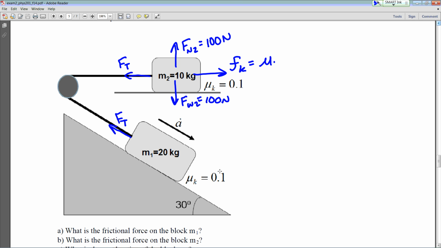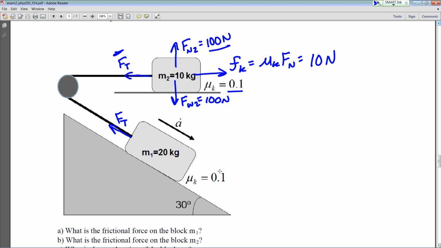Now I know that this is equal to mu k times the normal force. Since I know this is 100 newtons and this is 0.1, I can write that in and say that's equal to 10 newtons. It is accelerating, so this tension is not equal to the kinetic frictional force.